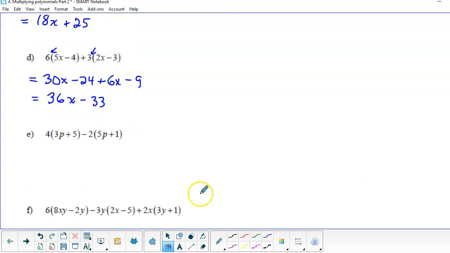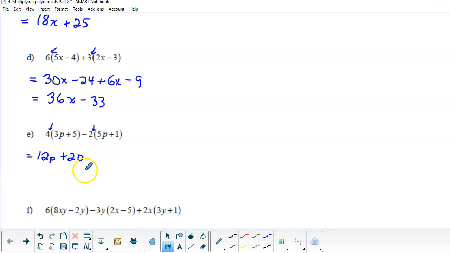Now we have a subtraction. In any case, we're going to multiply. So 4 times 3 is 12p, plus 4 times 5 is 20. Now, the sign in front is negative. So if we treat this number out front as a negative and multiply it through, then don't put any brackets.